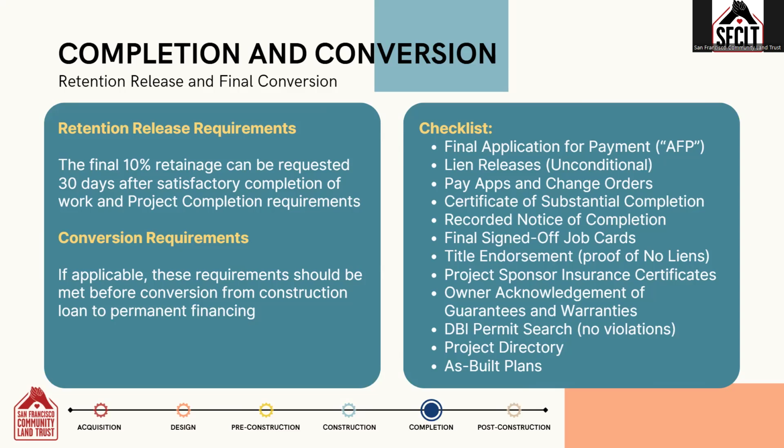These include the final application for payment, lien releases, both conditional and unconditional for all applications for payment, copies of the pay apps and change orders, the certificate of substantial completion, recorded notice of completion, the final signed-off job cards, title endorsement, or proof that there are no liens on the property, project sponsor insurance certificates, an owner acknowledgement that they have received guarantees and warranties, the DBI permit search showing there are no open violations, a project directory, and as-built plans showing the constructed project.